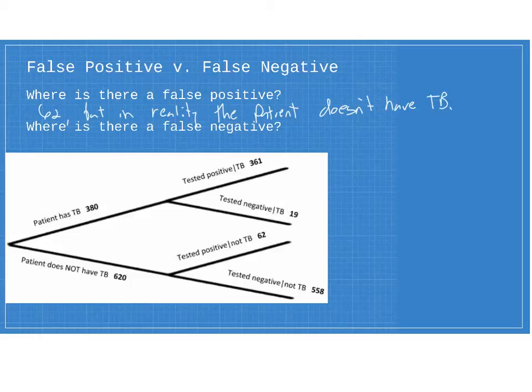Okay, good. Someone else. Where's the false negative located, Esteban? Okay, so there's 19 of them. And that is correct. So they tested negative. The test said they don't have it, but in reality, the patient does have it.